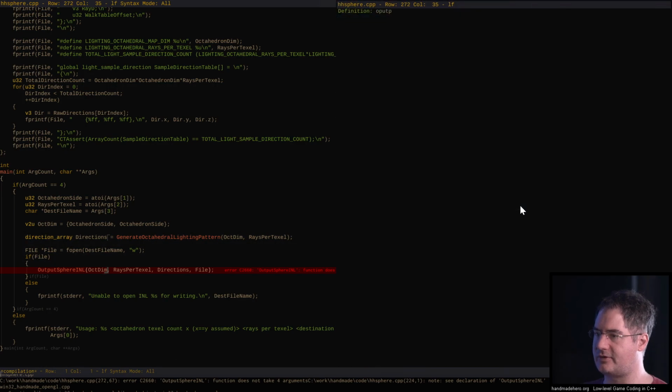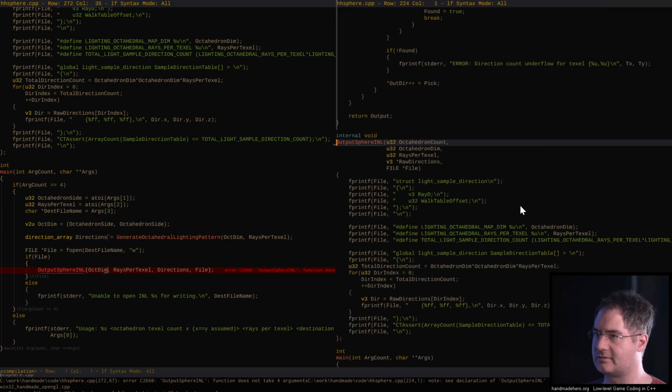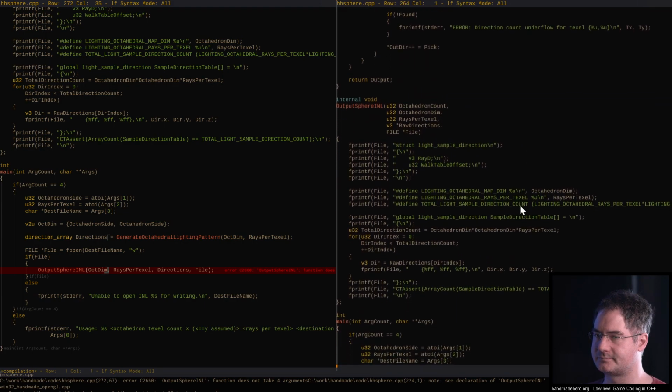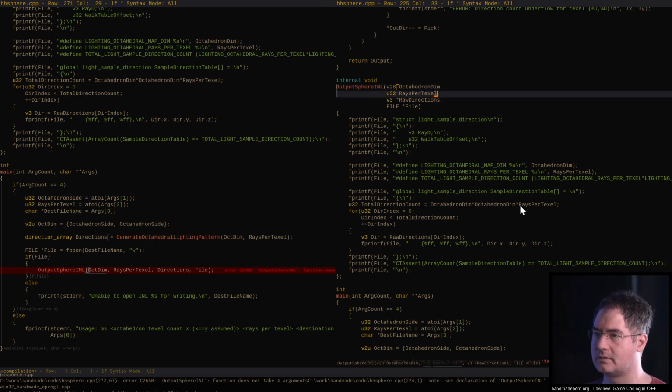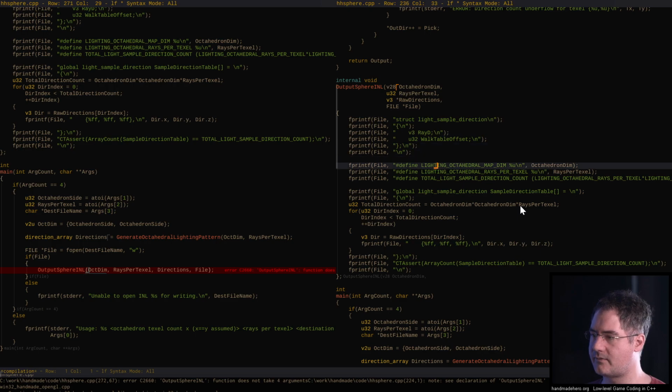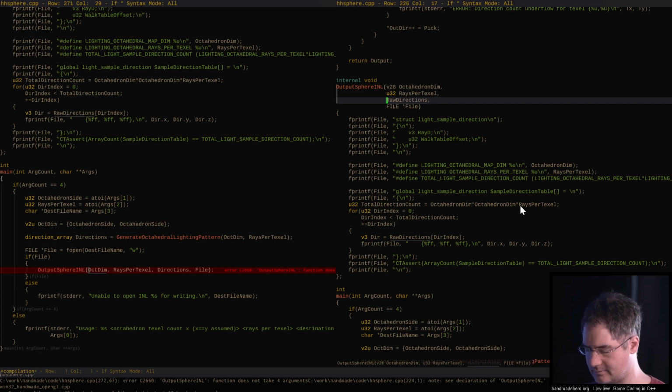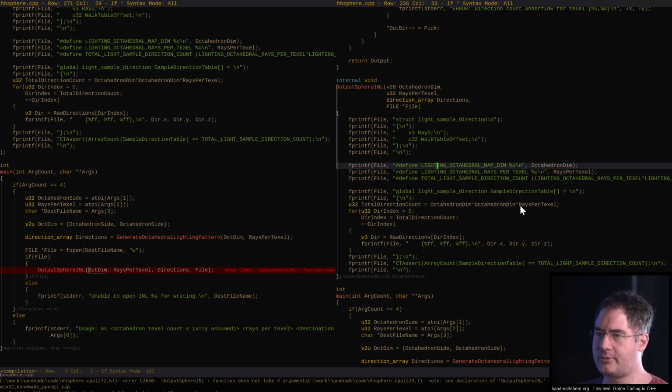And then the output sphere thing just needs to change slightly, to be a little bit different. This is going to be one of them arrays, so this is a direction array. We output the sample direction thing.